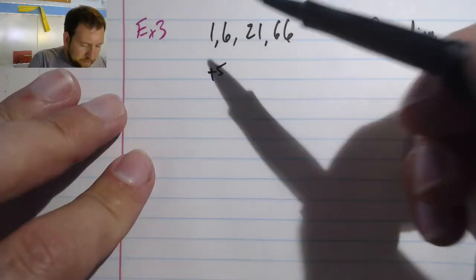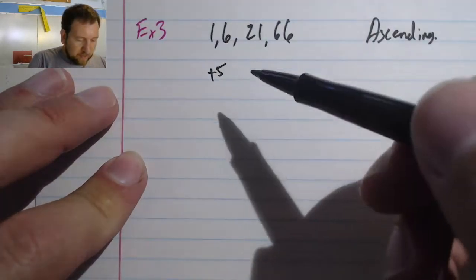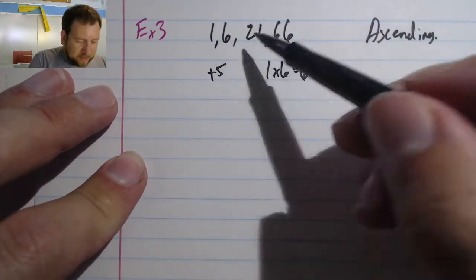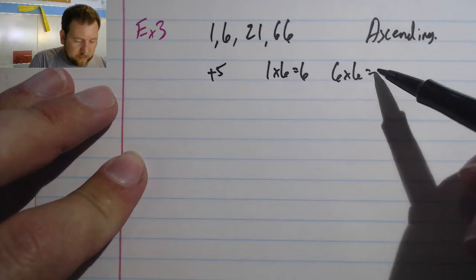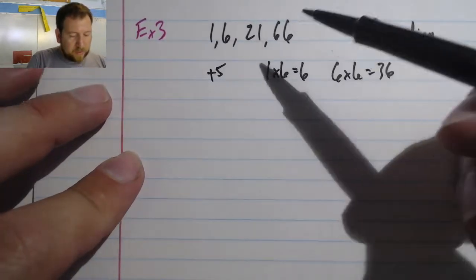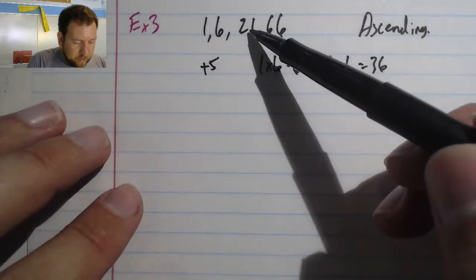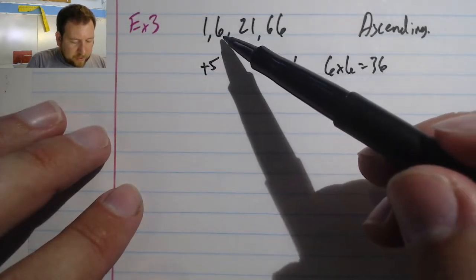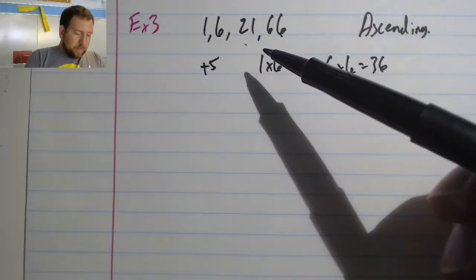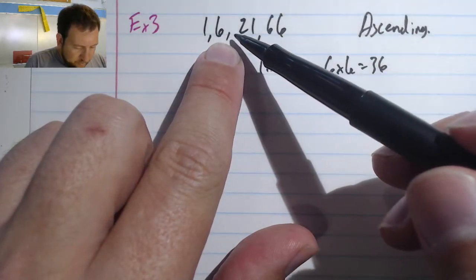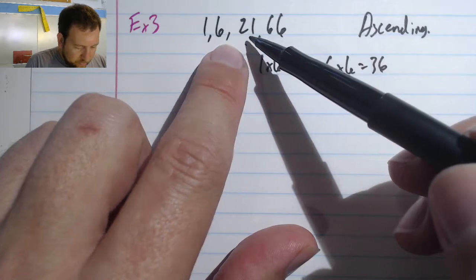What if it's times 6? 1 times 6 is 6, and then 6 times 6 is 36. Oh, that's too far. 21 though looks kind of like a 7. What if it's times 3, or plus 1 times 3?